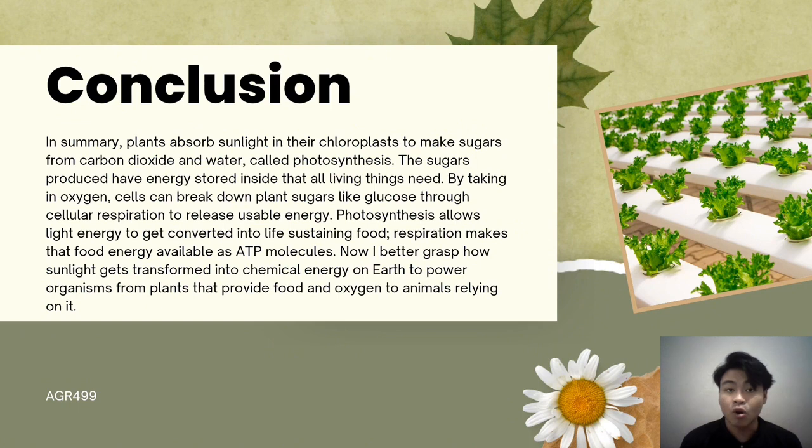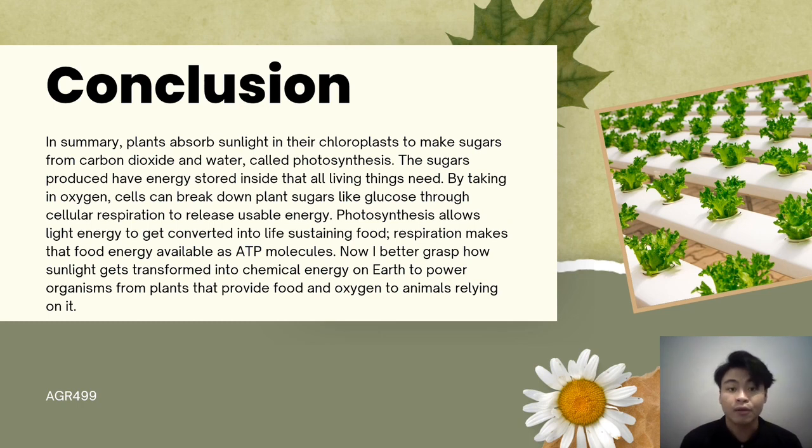By taking in oxygen, cells can break down plant sugar like glucose through cellular respiration to release usable energy. Photosynthesis allows light energy to get converted into sustaining food. Respiration makes that food energy available as ATP molecules.